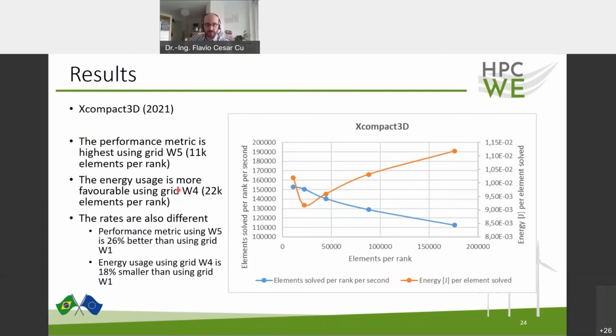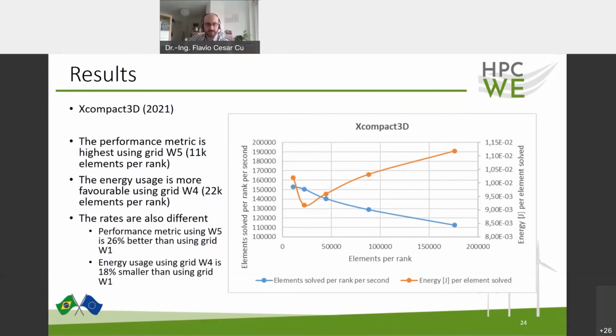However, the energy usage shows a different perspective. The energy usage is higher when we have more elements per rank, then it decreases, and then for the last points, where the grid is smaller, we have a jump in the energy. This energy is the energy in joules divided by the number of elements solved.